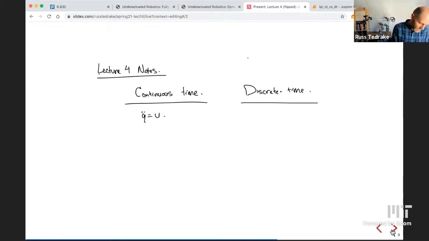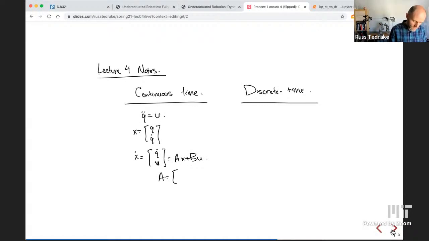In that second order system, I think of having the state q and q dot, and then I think about having the dynamics, which is q dot, and then u, which if I want to write that as Ax plus Bu, I can do that by choosing A equals [0, 1; 0, 0]. Not a very interesting A, but it's still an A. And B equals [0; 1], okay?